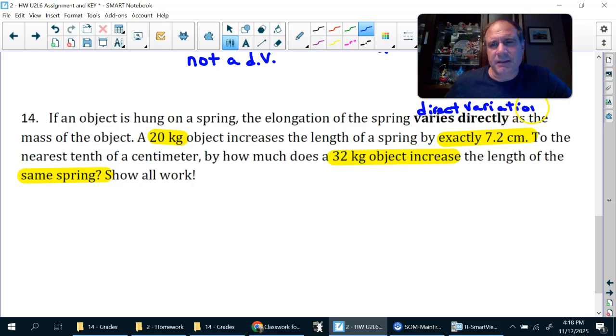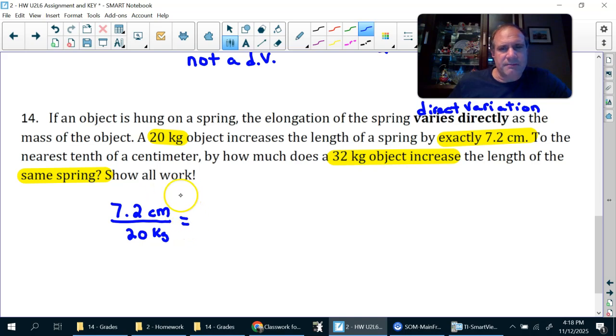And since it is a direct variation, that means I could set up a proportion to solve for the missing length of the same spring. So I could put 7.2. It doesn't matter what you put up top, as long as you set up the proportion correctly.